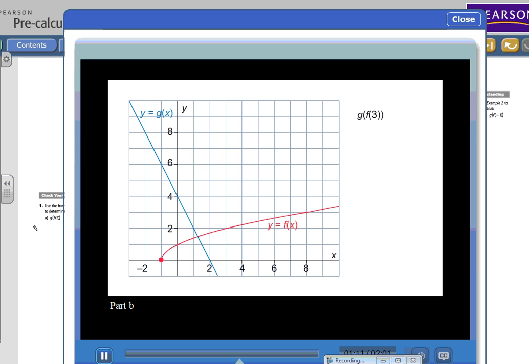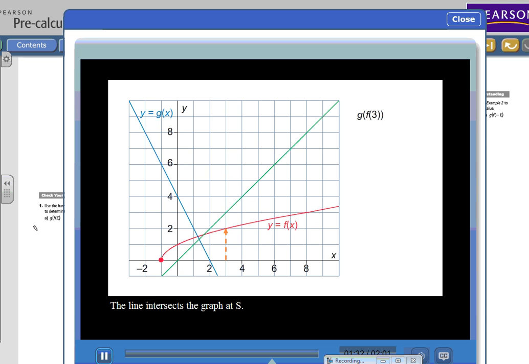Part B. Given the graphs of y equals f at x and y equals g at x, determine the value of g at f at 3. Just like in Part A, I'm going to start by drawing the line y equals x. Now, I'll draw the line x equals 3 from the x-axis up to the graph of y equals f at x.